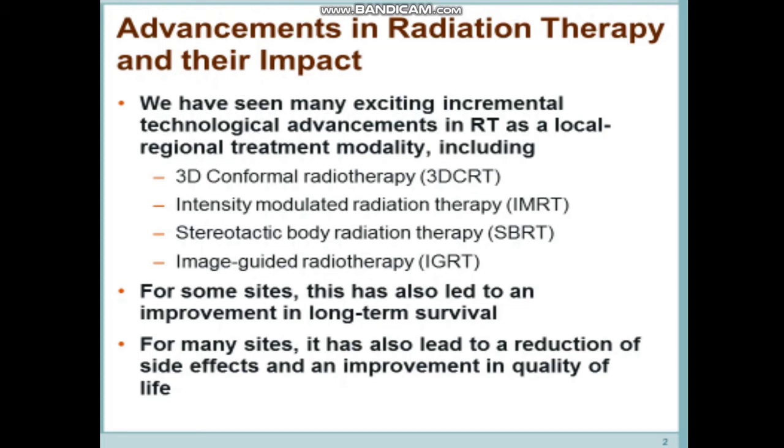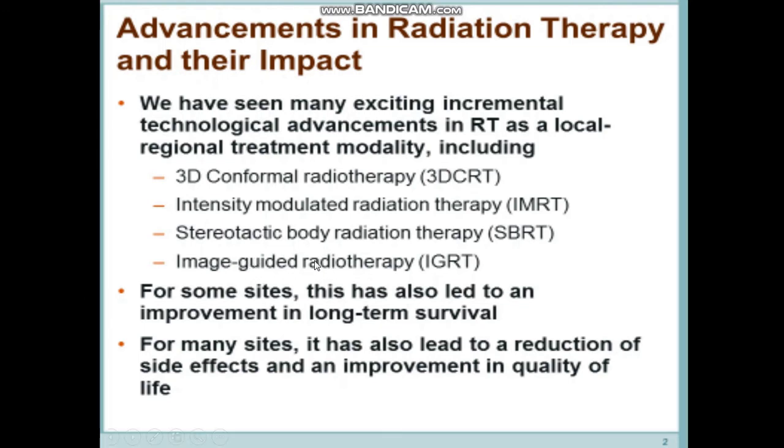This method is now available in many clinical departments and can be delivered by linear accelerators with static or dynamic multi-leaf collimators or tomotherapy machines. This has allowed improvements in the therapeutic ratio for several tumor sites such as head and neck cancer, prostate cancers, and other types of malignant tumors.